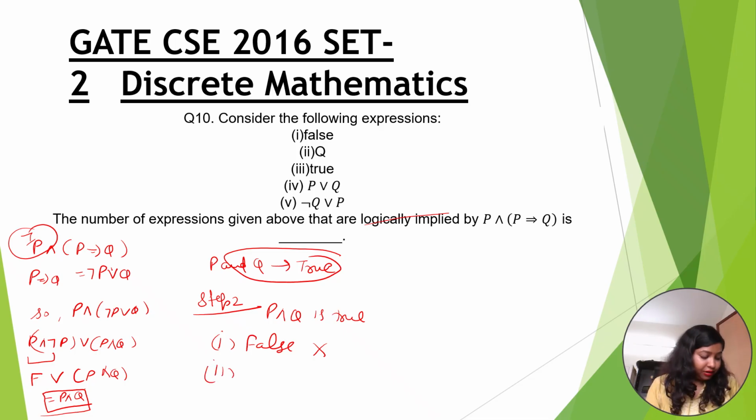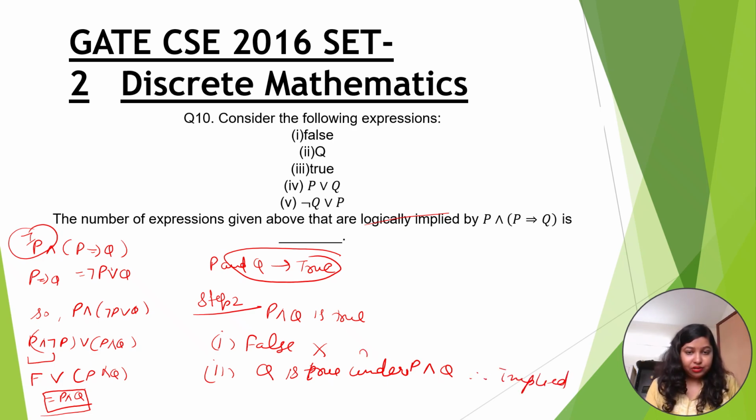Second, Q. Q is true under P and Q. Therefore, implied.